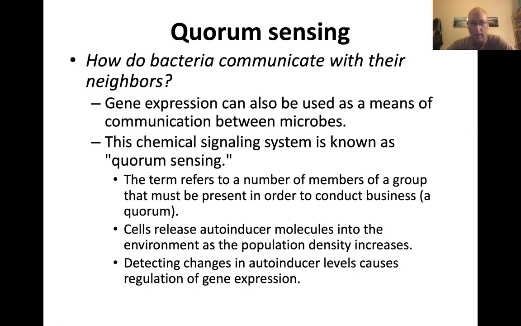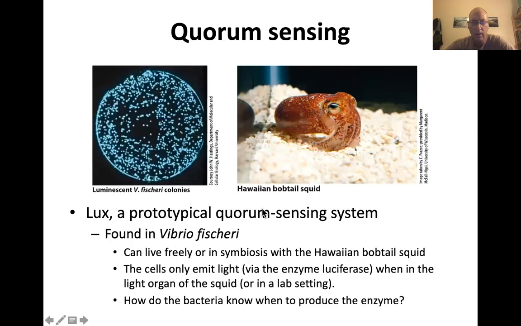So let's go on to the next slide here. All right, so this was discovered in bacteria that live in a symbiotic relationship with fish and squids. And the amazing thing about these bacteria is that they produce light. They are bioluminescent.